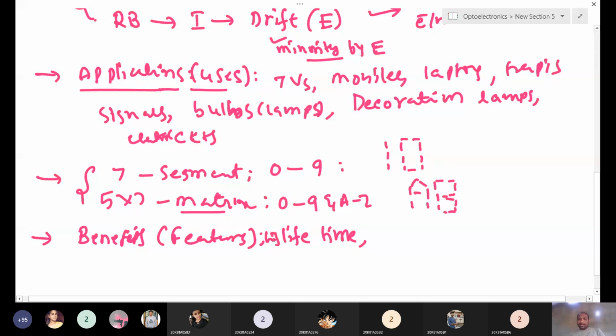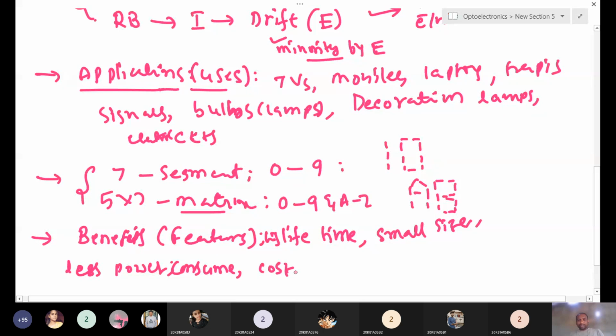It consumes very little power, and cost is also very low. Operating voltage is also very reasonable.